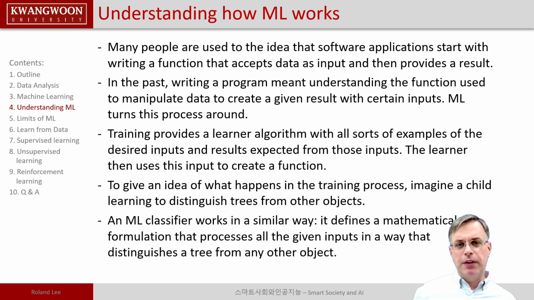The output is typically a numeric value, such as a measure or a probability. To give an idea of what happens in the training process, imagine a child learning to distinguish trees from other objects.